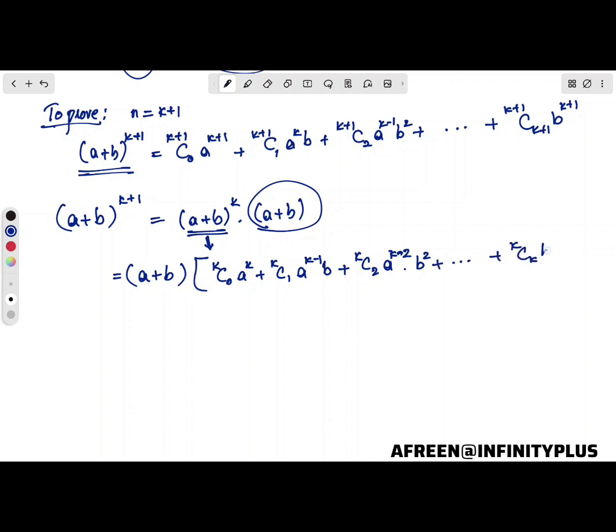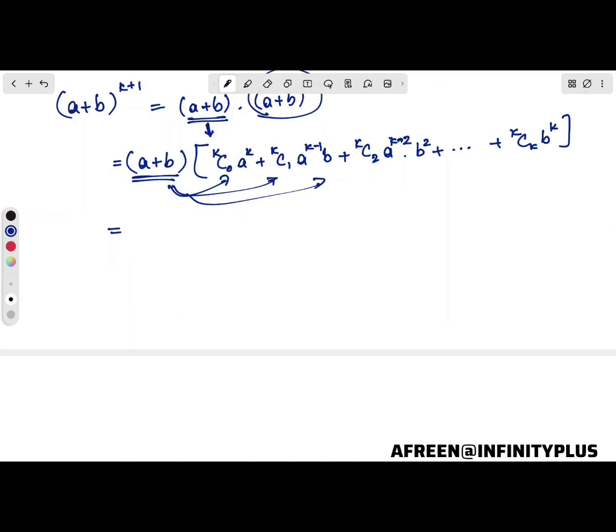kCk b^k. Now you have to multiply a plus b to each term here. So first I will multiply this a with each term, then I will multiply b with each term. So let's multiply.